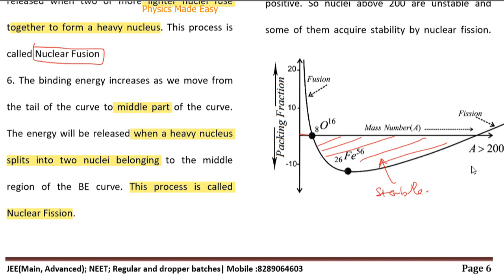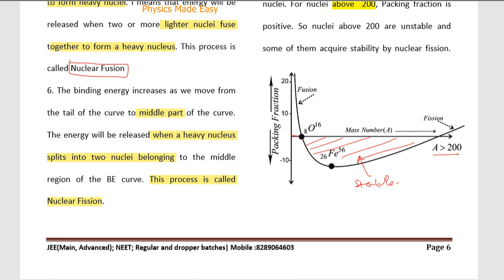And then this is larger than mass number 200. So these larger than mass number 200, they are the variables here. So it may be going out of screen.